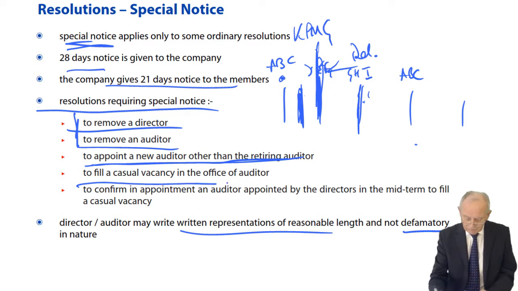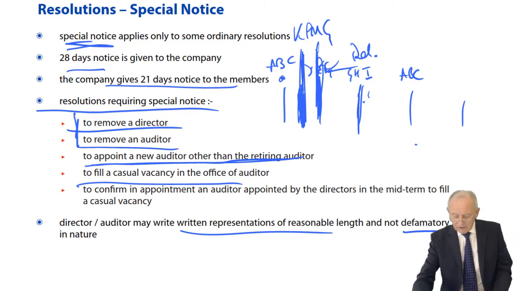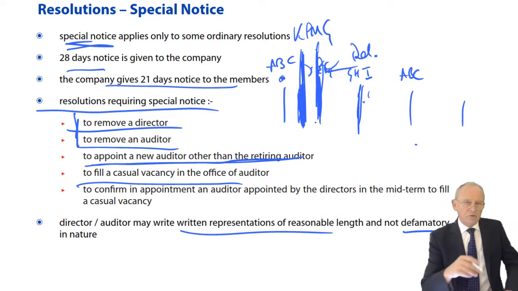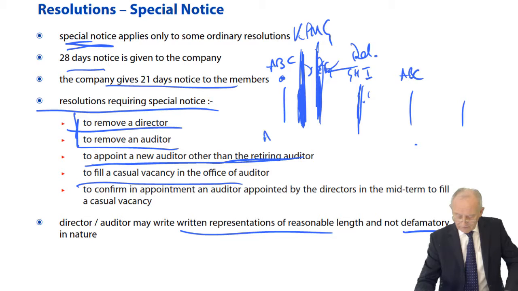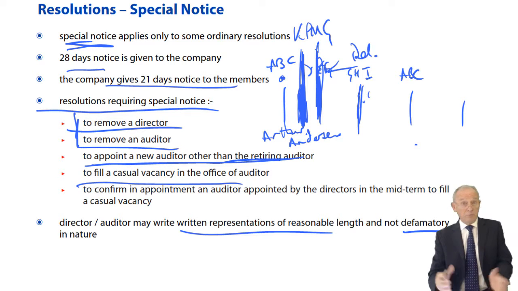And to fill a casual vacancy, partway through the year, the firm of auditors becomes disqualified for whatever reason. We'll call them Arthur Anderson because that was a classic one. Arthur Anderson becomes disqualified partway through the year, but public companies need auditors, and therefore they have to appoint another.